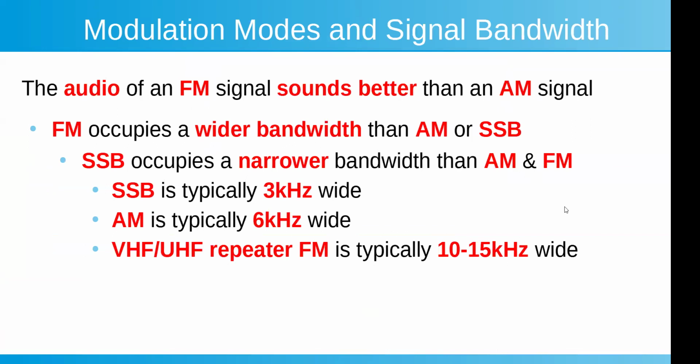We mentioned before that FM has much better sounding audio, much higher fidelity, basically because of the bandwidth, where you're like 15 kilohertz and an AM signal is much narrower than that.